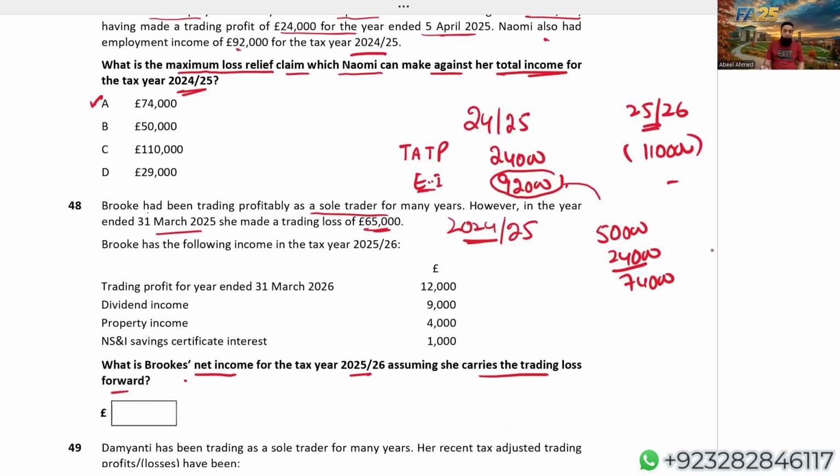Now some of the students are just masters of confusing themselves. Every one of us knows very well that the tax year starts from 6th April of any year and ends on the 5th April of the next year. Here your examiner has written 31st March 2025. It is perfectly all right. No issue at all. When the year is ending on 31st March 25, that date does fall in the tax year 24-25.